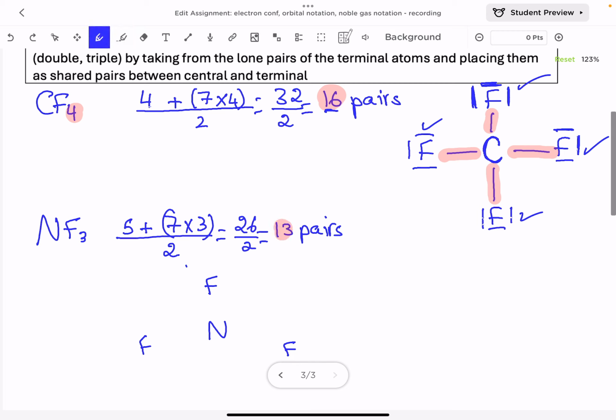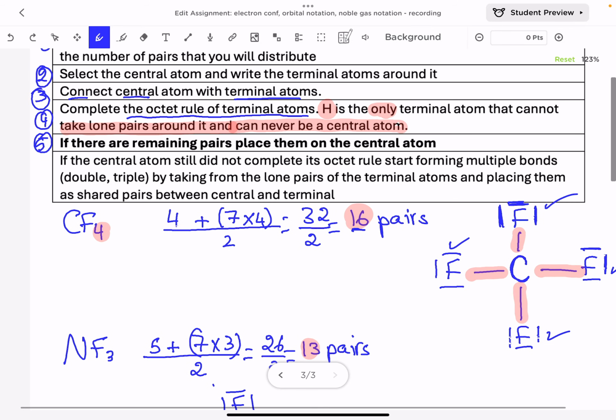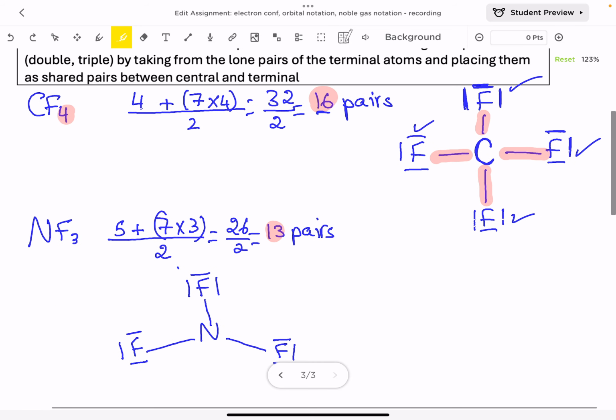So connect central with terminal. 1, 2, 3. Complete the octet rule of terminals. 4, 5, 6, 7, 8, 9, 10, 11, 12. Okay, what do I do with the 13th pair? Step 5 states that if there are any remaining pairs, place them on the central atom as lone pairs.